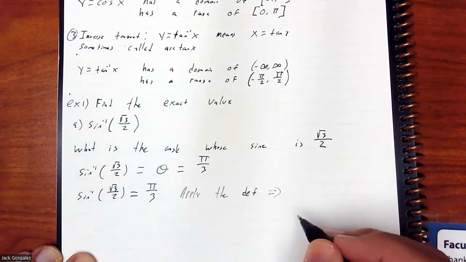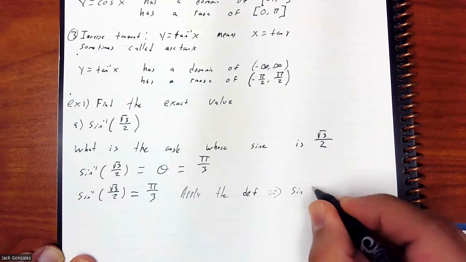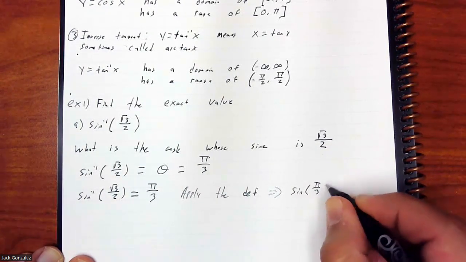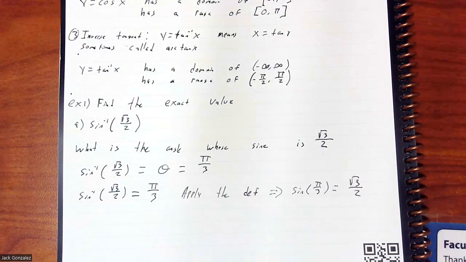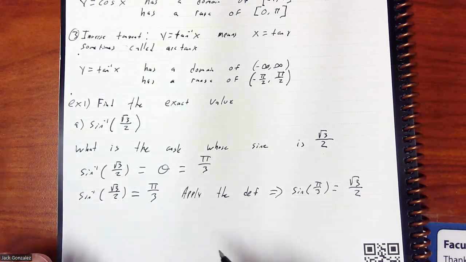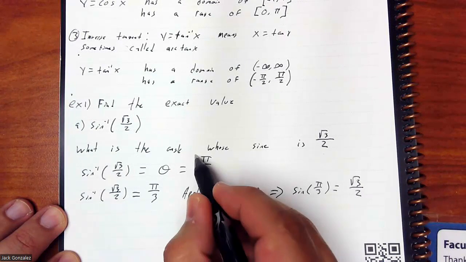This becomes sine of pi over 3 equal to square root 3 over 2. Whenever you do an inverse, you can always go back to the regular step. That makes sense? Anyway, they only wanted this part.